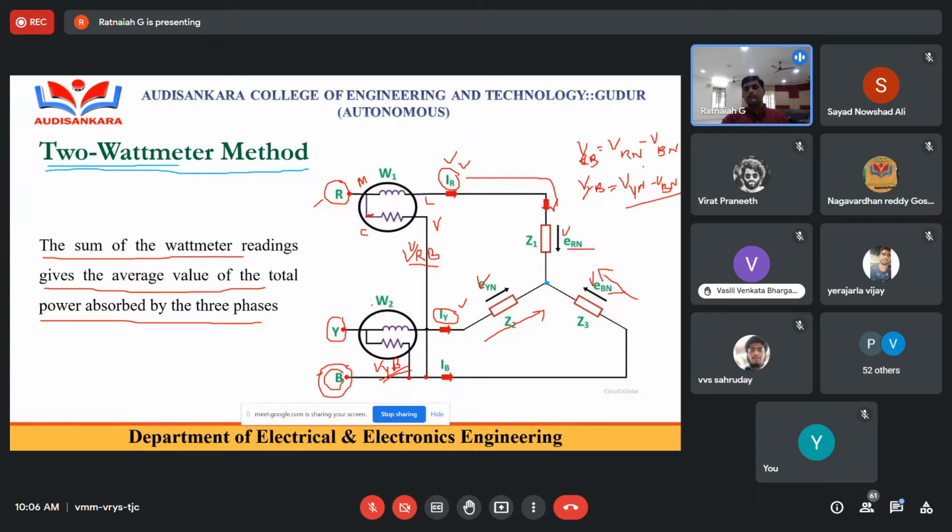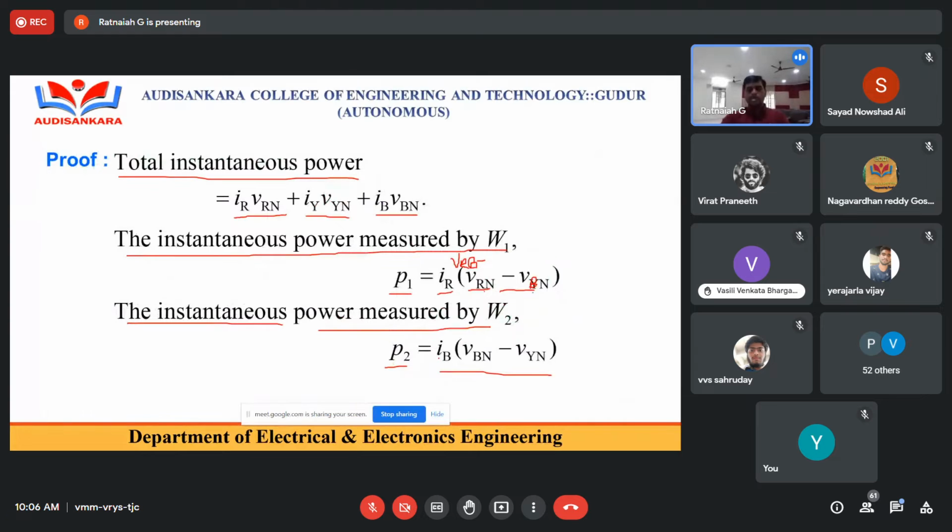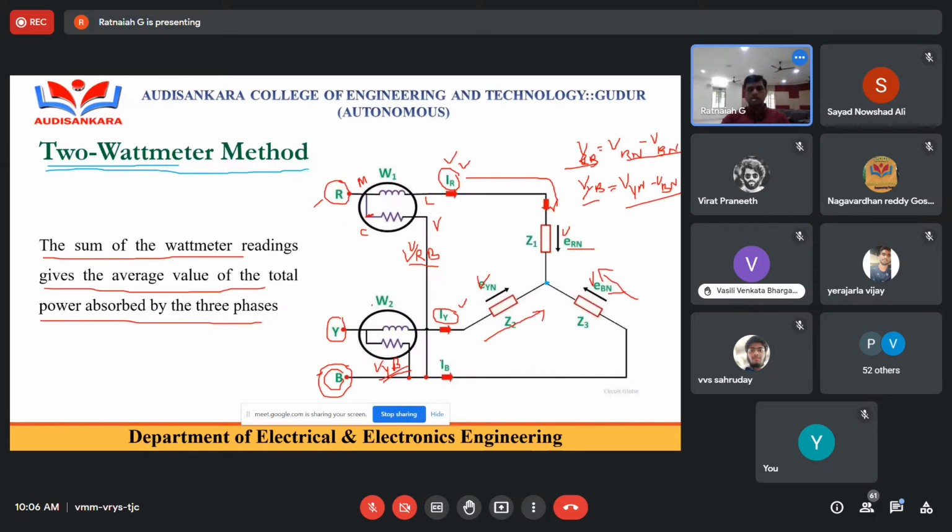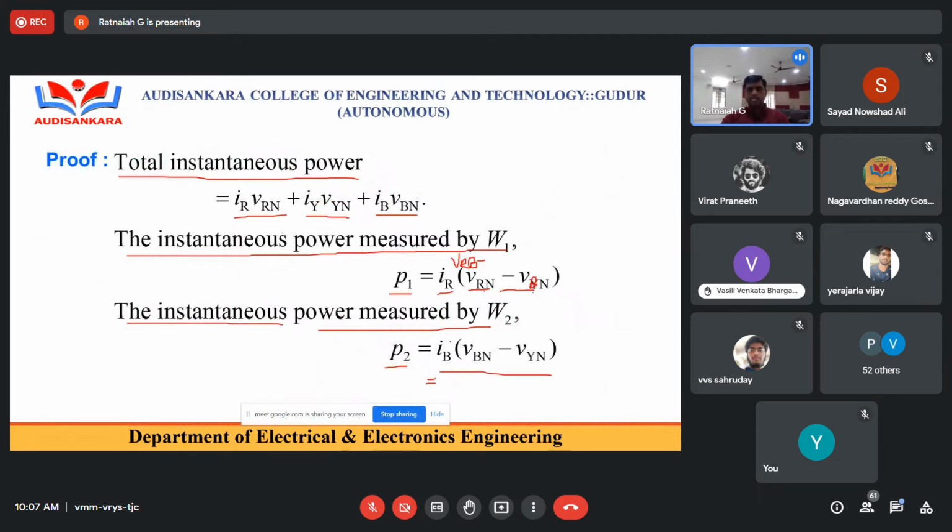So the second wattmeter reading P2 uses the current IY, not IB.